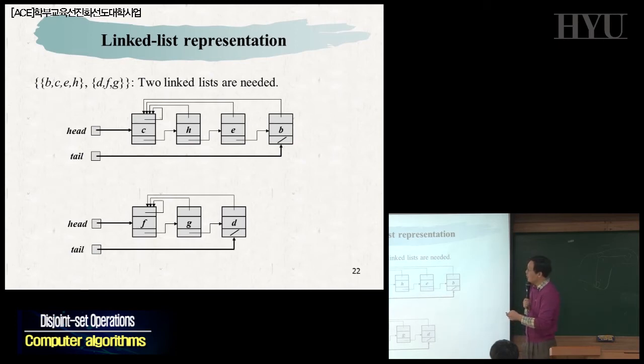Because it has 4 members, this linked list has 4 nodes. C, H, E, B. And this is a pointer to the next node, and it has an additional pointer to its representative.